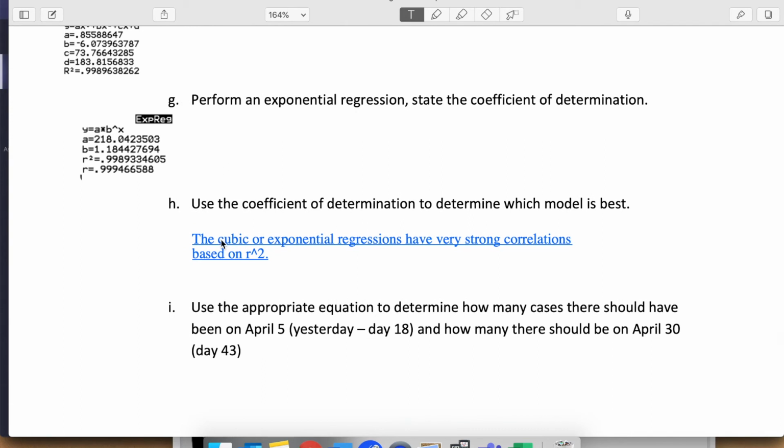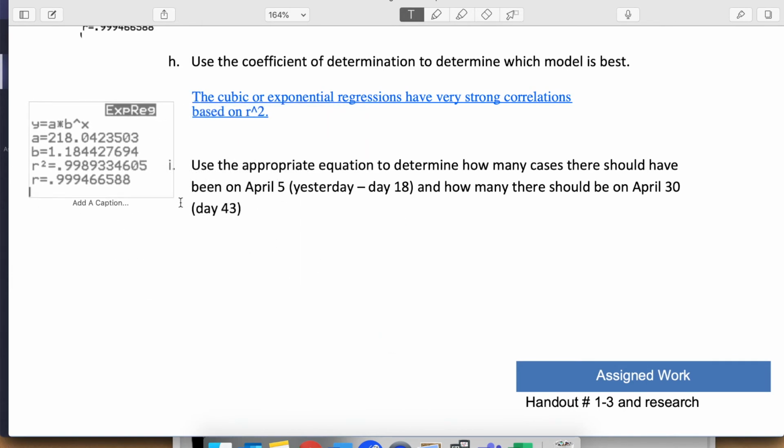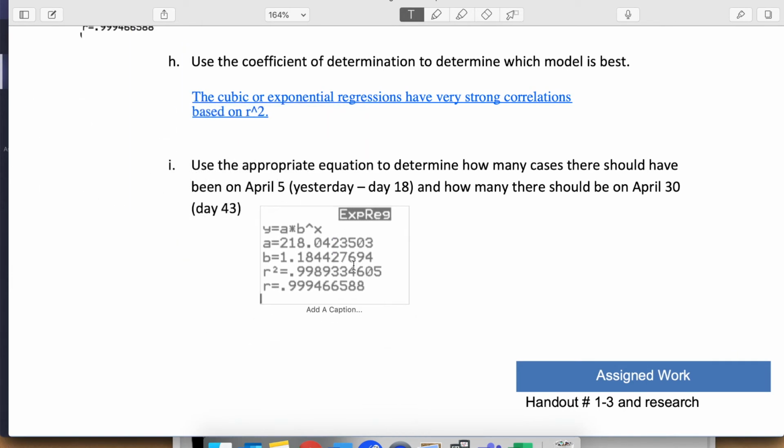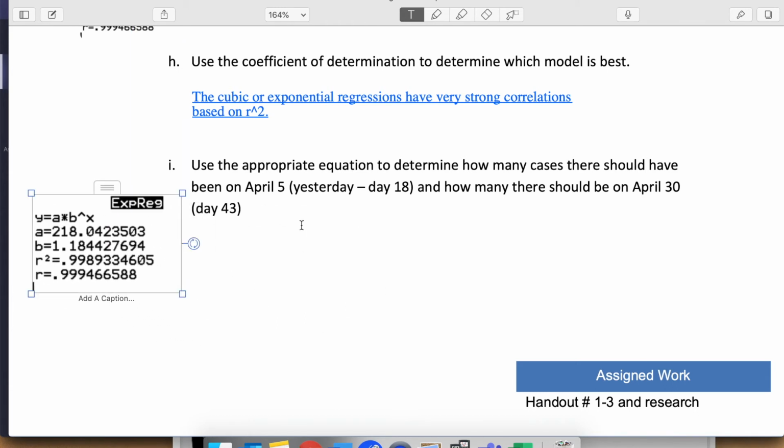It says use the appropriate equation to represent, and we're going to extrapolate beyond and see how good our model is, because as you noted, I only picked days up till April 1st. We're now on, what is it, April 6th. So let's take till yesterday, April 5th, which would be day 18 in my model. And then we can see up till April 30th, which the government has come out and talked about what the values or the predictions might be.